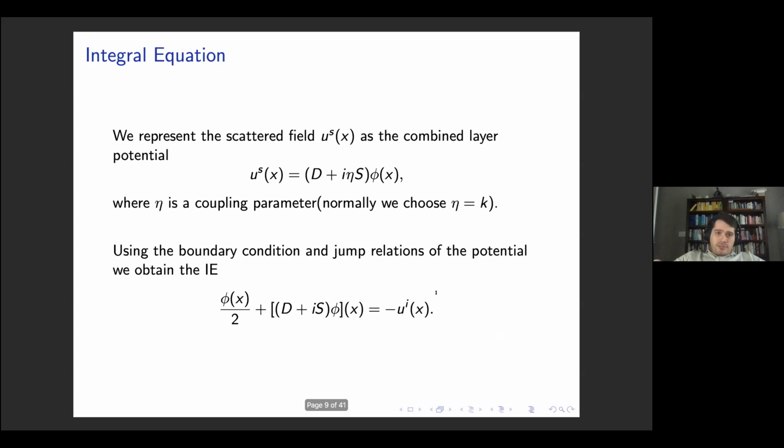We are going to write the scattered field as a linear combination of those two layer potentials, and we're going to apply it on the boundary.